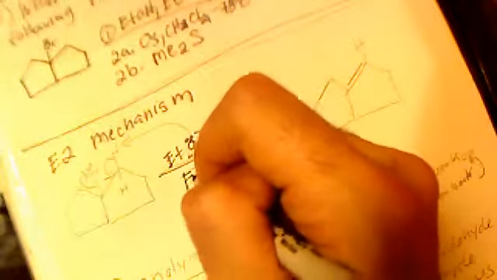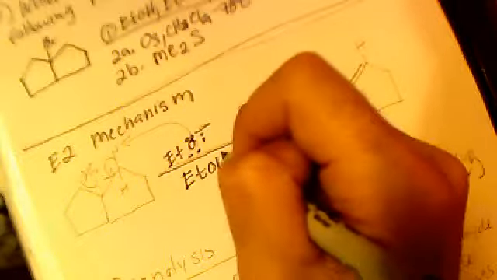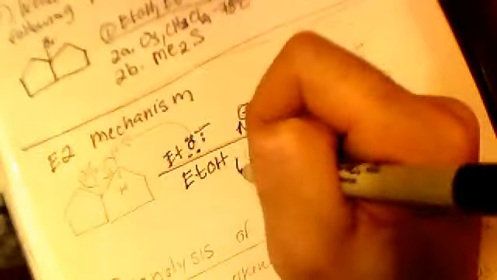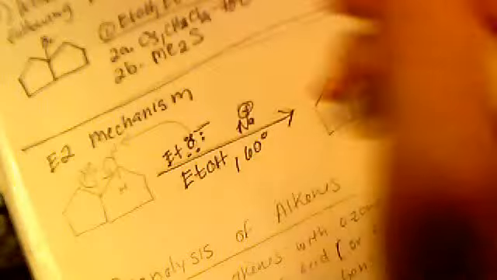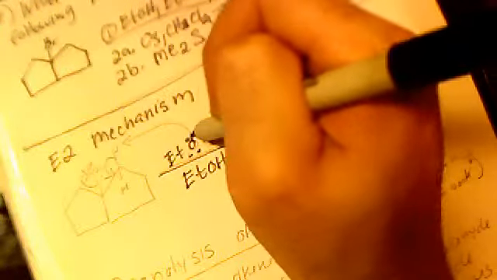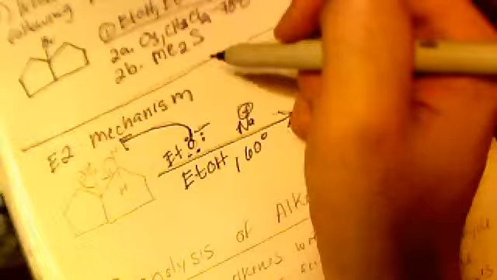So here's the ethoxide anion, the sodium cation. They're dissolved in the ethanol at 60 degrees Celsius. So what happens is the oxygen from the ethoxide ion donates its 2 electrons to hydrogen.